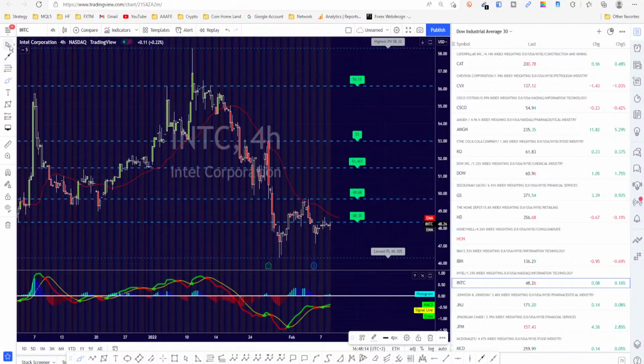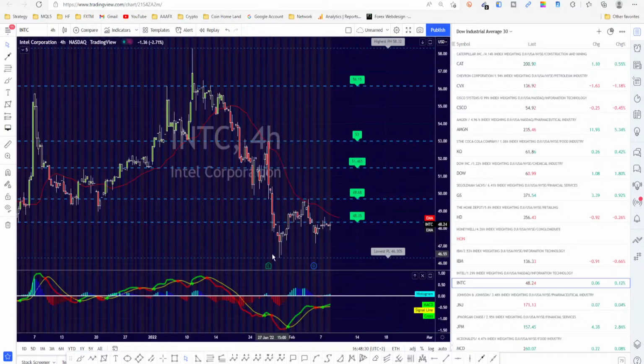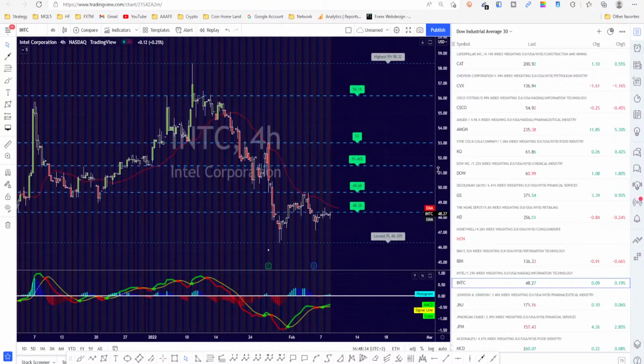The revenue report was a 20% surprise per share, and there was 6% above expectation in the revenue. They reported $19.53 billion, a huge amount. The price is not picking up too much, but possibly this is a good area to take a trade right here. Okay, guys, so possibly this is good to continue to the upside.